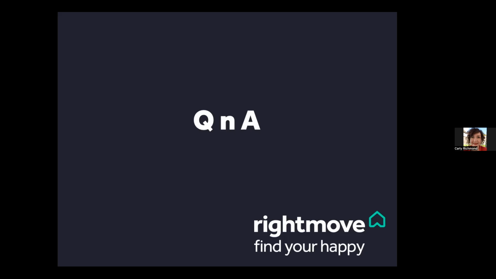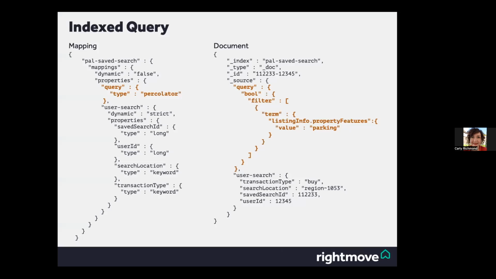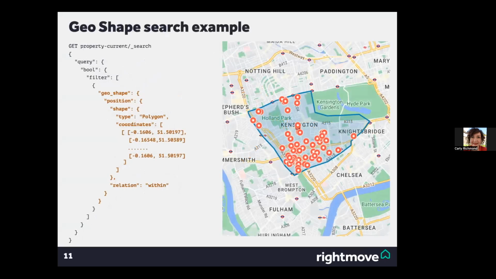Let me go back to the query, which is actually a good question because I somehow forgot to cover that part of the query, I believe. It is the relation. Elastic provides you the option of relation, where in this case we are using within. Within means find all the properties which are exactly within this region.